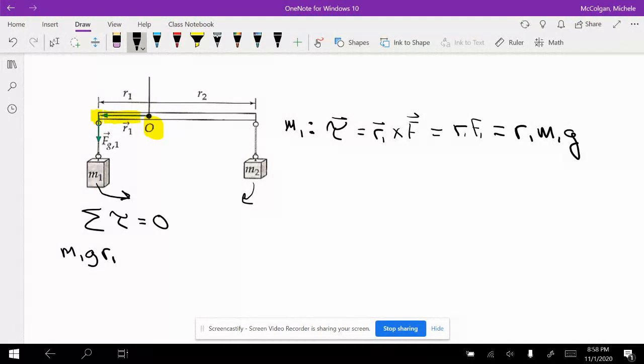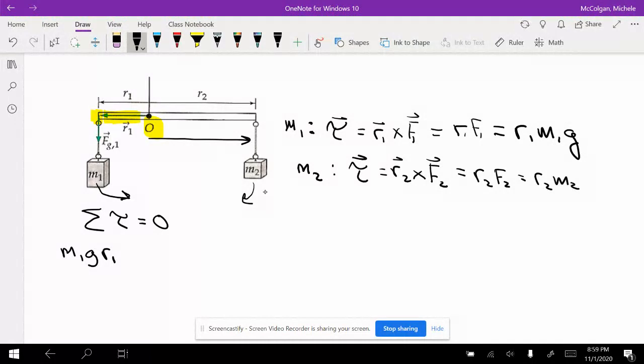Now for mass 2, my torque is going to be equal to R2 crossed with F2. Here my F is at the end of the bar, and so my F is M2G. My distance R is from the pivot point O out to where the force is applied, and you can see that my R and my F are perpendicular to each other, so I'm just going to have R2 F2, which is R2 M2G.